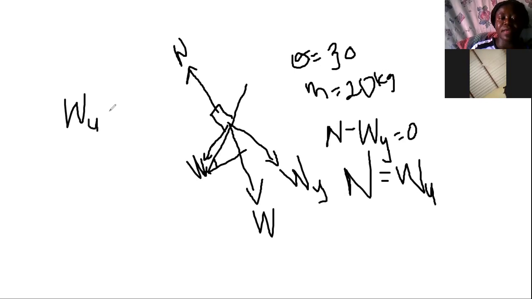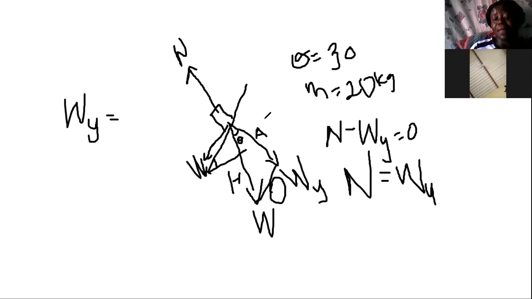So if we apply that, then the weight in y is equal to what? Because that same angle is the same as this angle, then this becomes your adjacent, then this becomes your opposite. And this is the longest one that we have, your hypotenuse. So if we define this using our SOHCAHTOA, what is Wy?